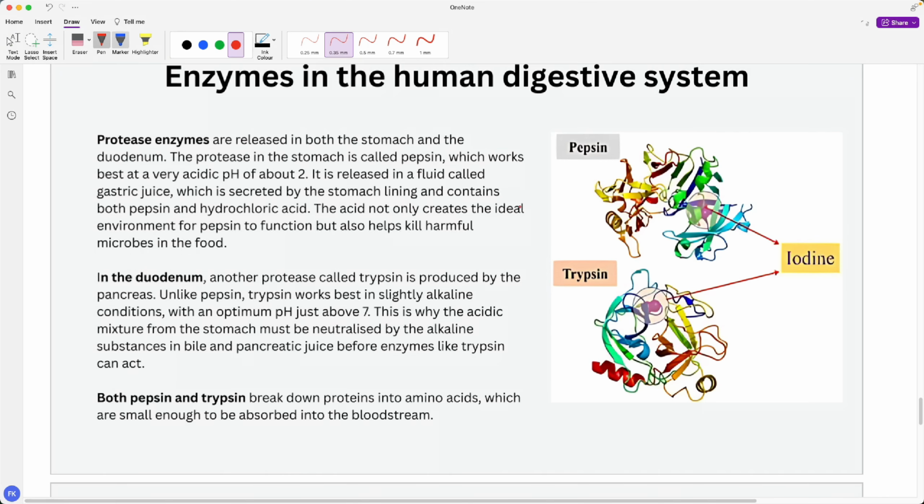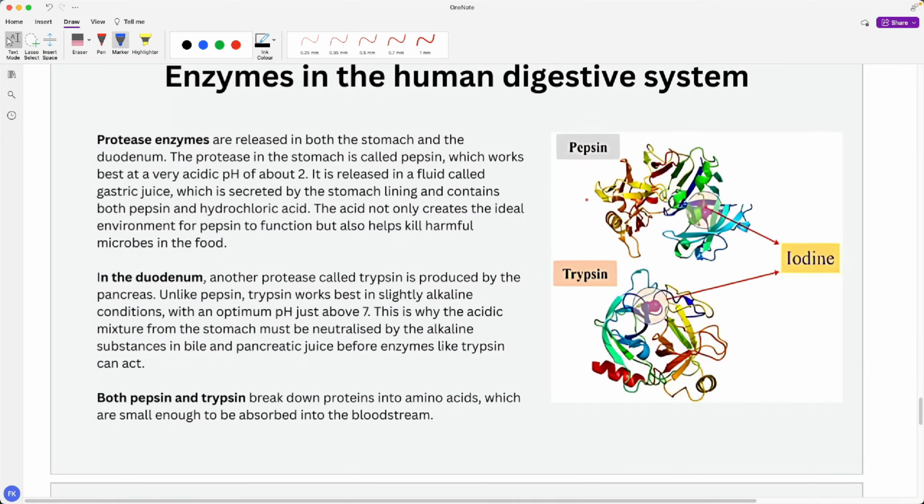Okay, the protease in the stomach is called pepsin, which works best in acidic pH, which is about 2. It is released in a fluid called gastric juice, which is secreted by the stomach lining and contains both pepsin and hydrochloric acid. The acid not only creates the ideal environment for pepsin to function, it also helps to kill harmful microbes in the body.